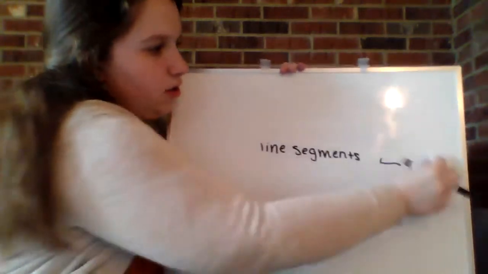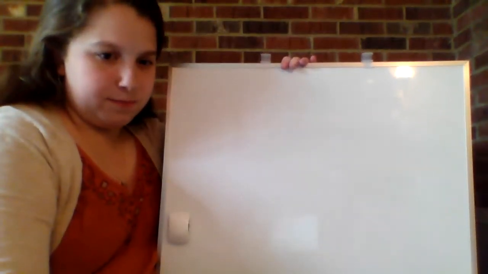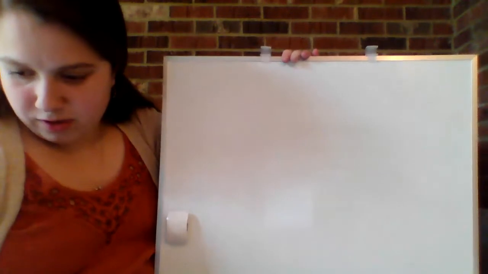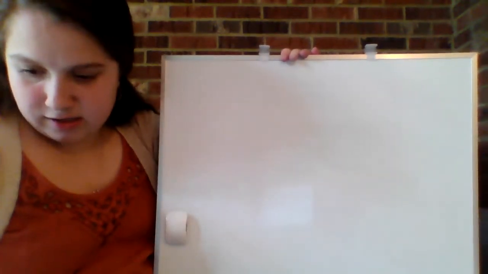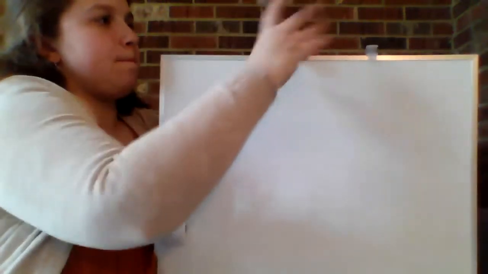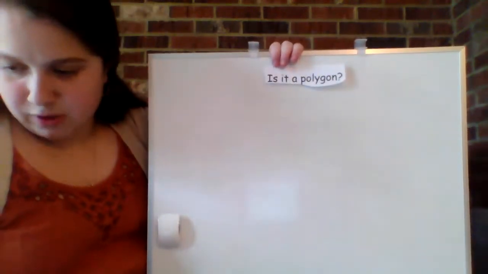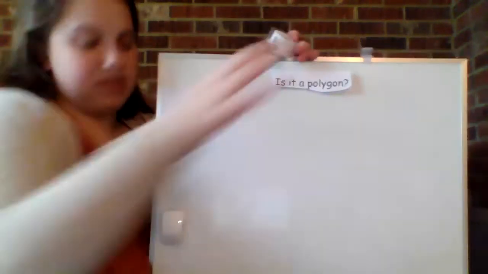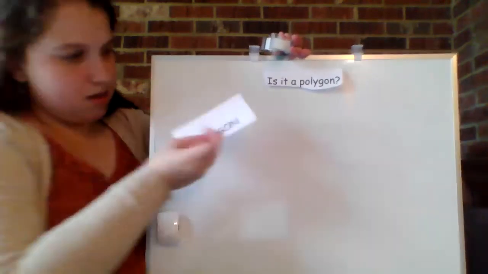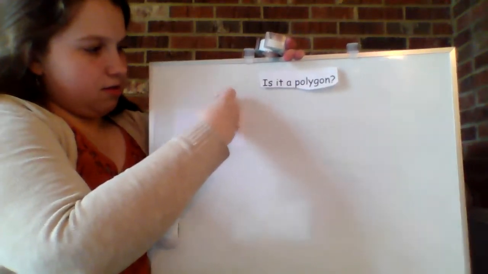So we are going to look at some examples together that I've picked out, and we are going to decide, is it a polygon? If it's a polygon, we're going to put it on one side. If it's not, we're going to stick it on the other. So let's take a look here.